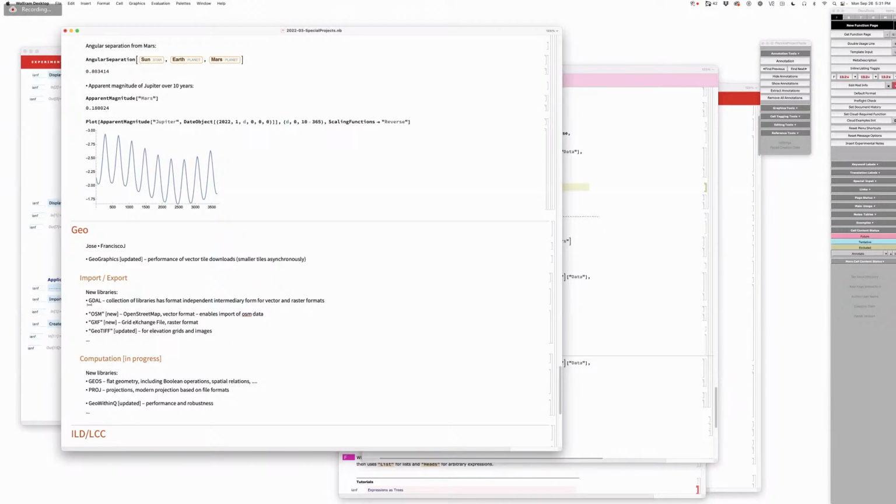There's no design in particular this time. No new functions. There are some improvements in existing ones, but the main thing in Geo is still making the default be vector and faster. So that's still the main objective.